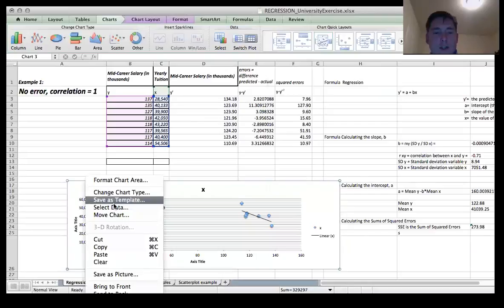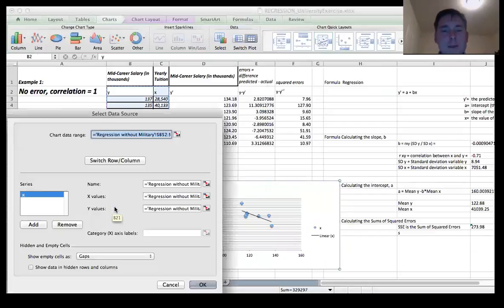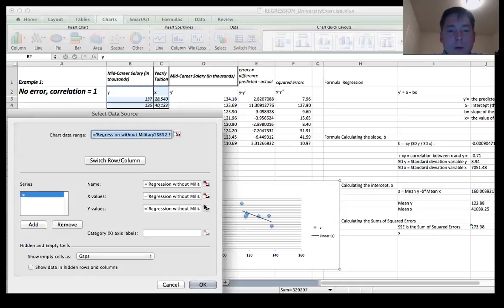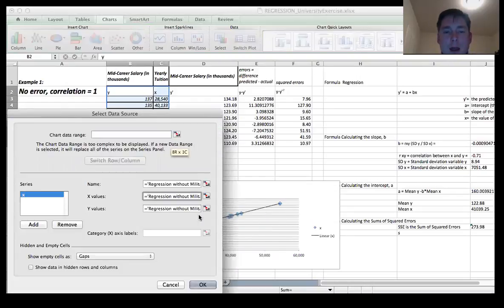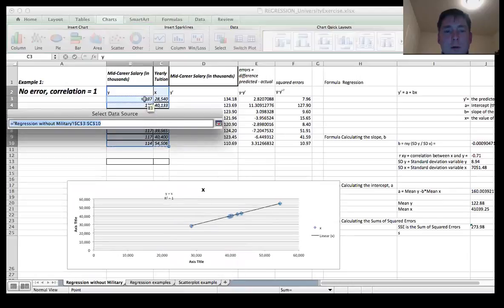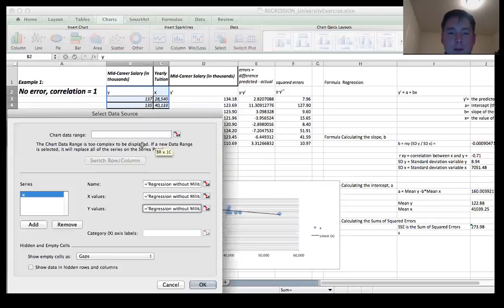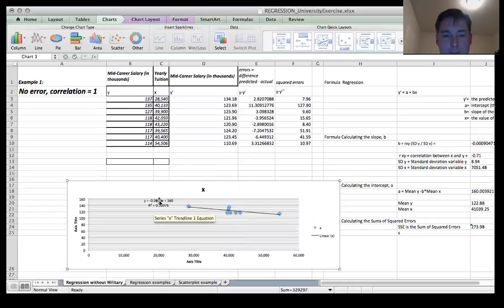Alex was suggesting that earlier, and that was actually a good idea. We want the x values on the x-axis, and the y values on the y-axis. So we switch this around, and we're going to say OK.